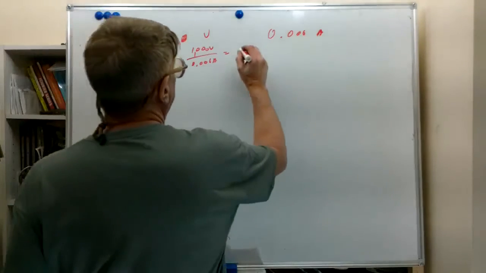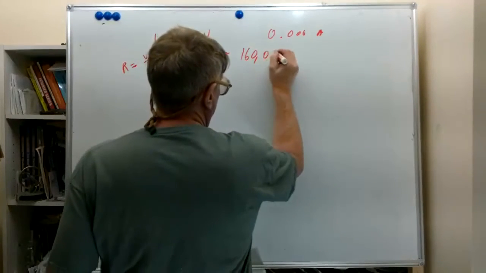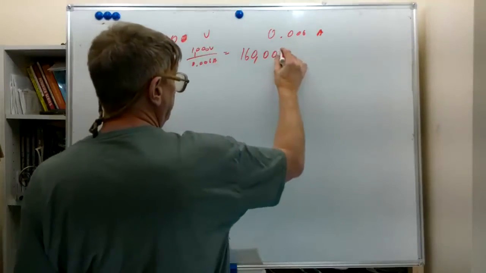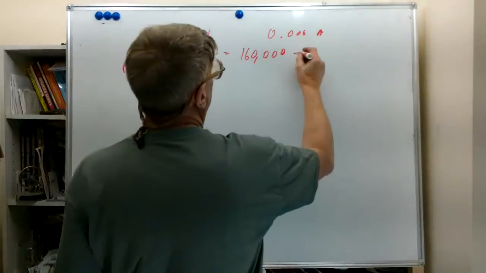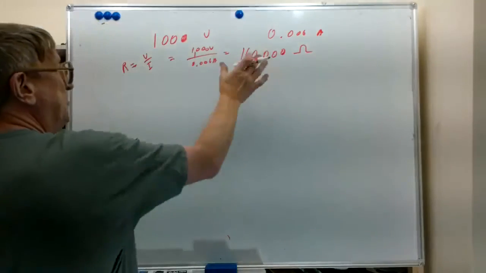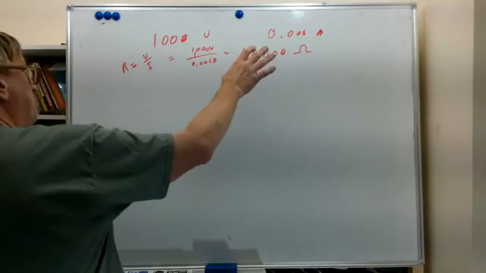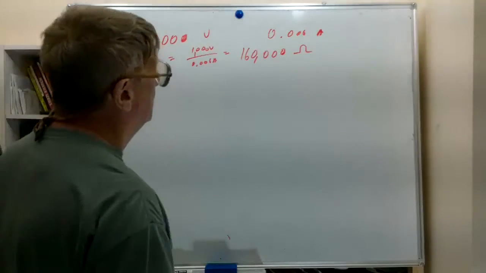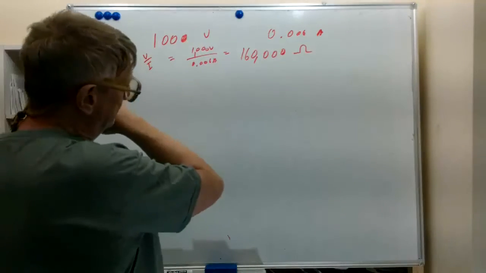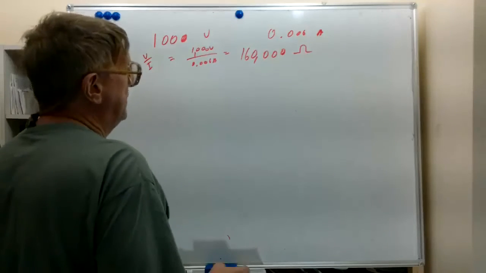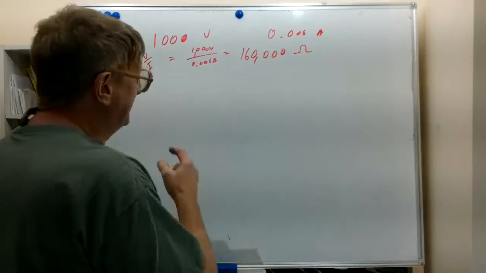That's 160,000 ohms. A body resistance of 160,000 ohms will still pass enough current through you that you could possibly be locked onto that thing.